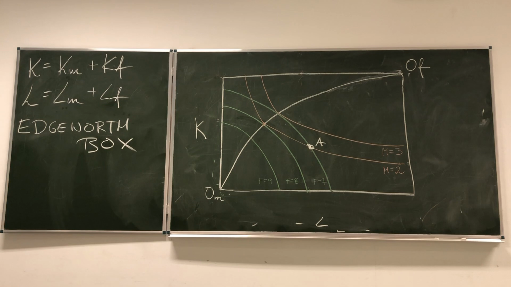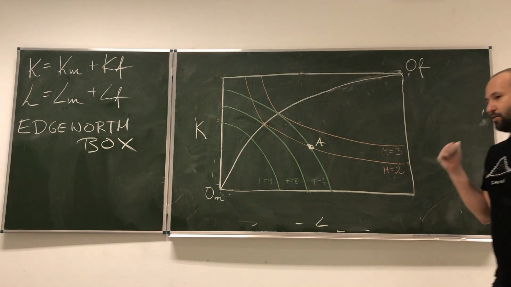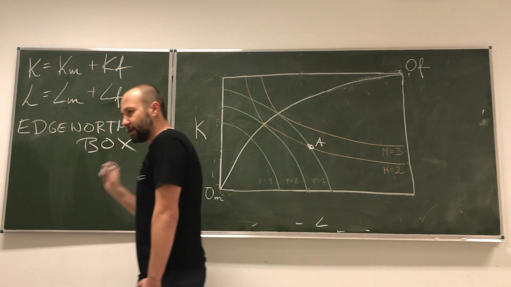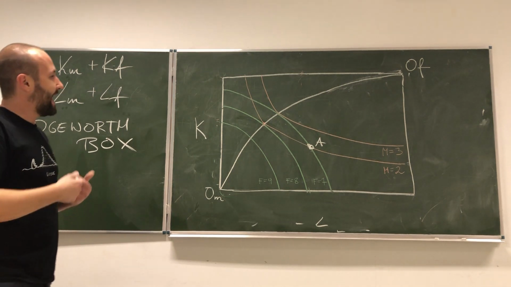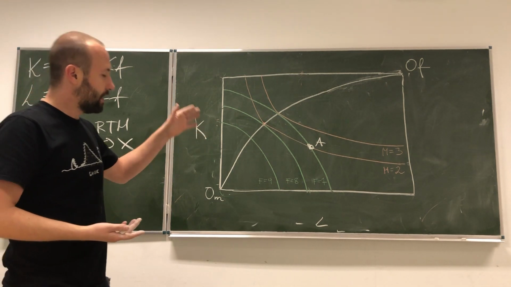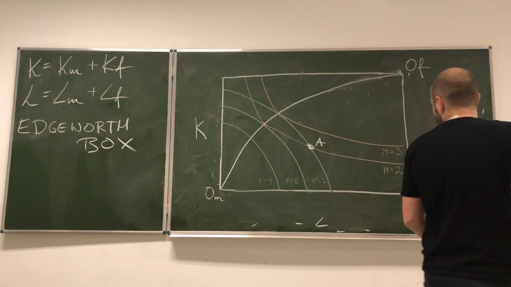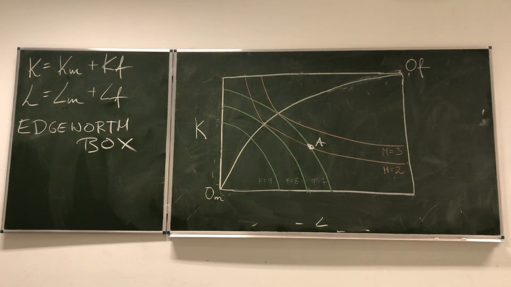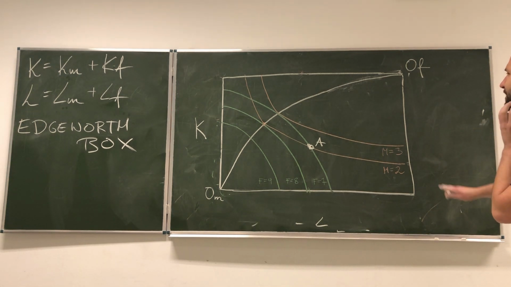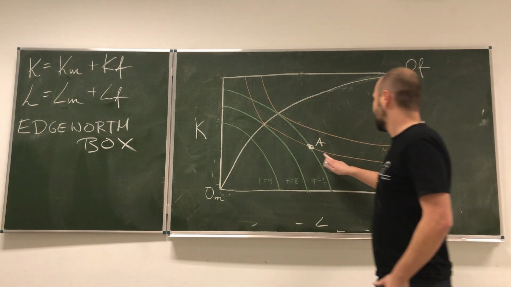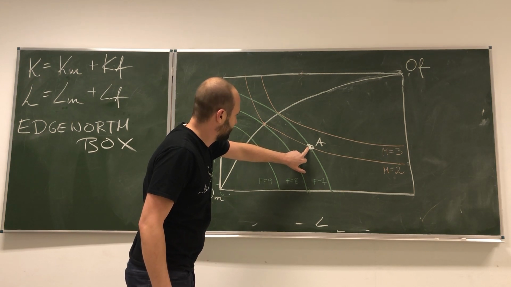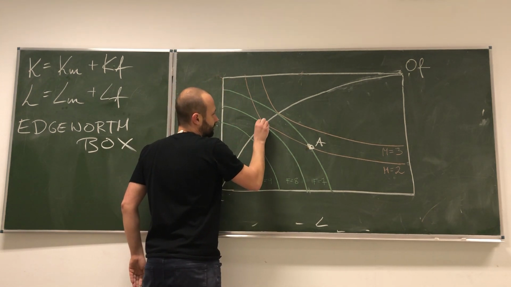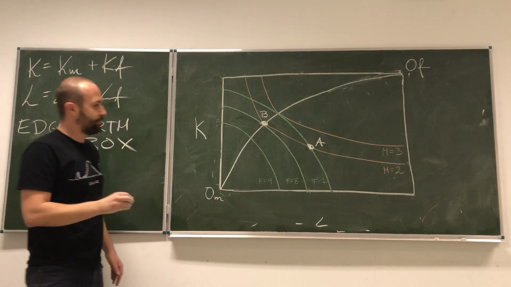But is this point efficient? Remember, we're assuming that companies are minimizing their costs. So every combination that we are going to consider here must be an efficient combination. And this combination is clearly not efficient. Why? Because if we were at this point and moved to a point like point B, what would happen?